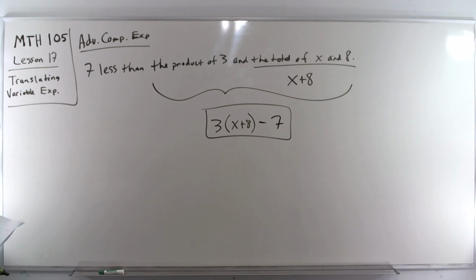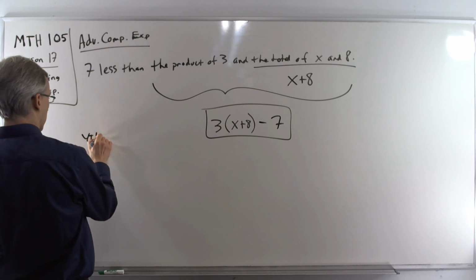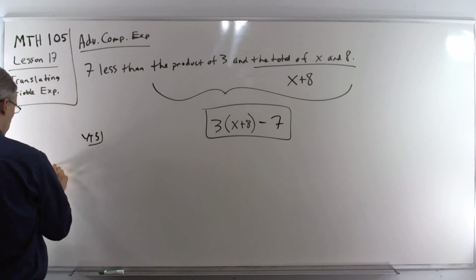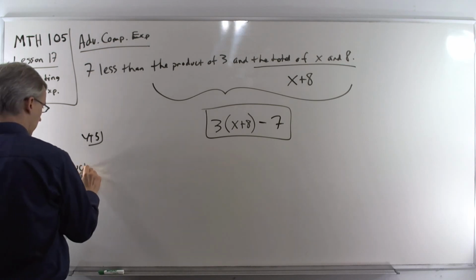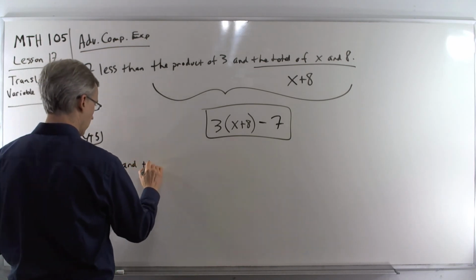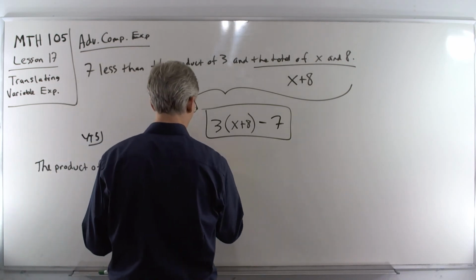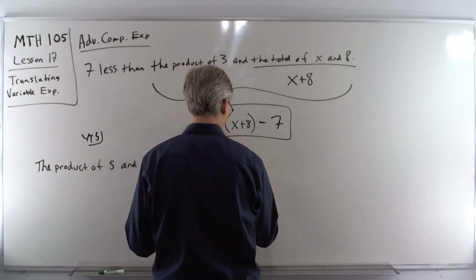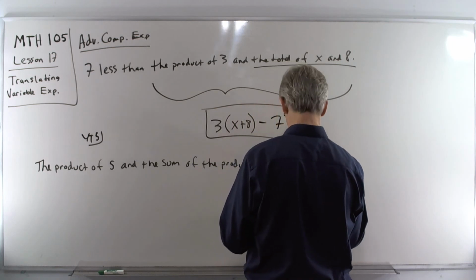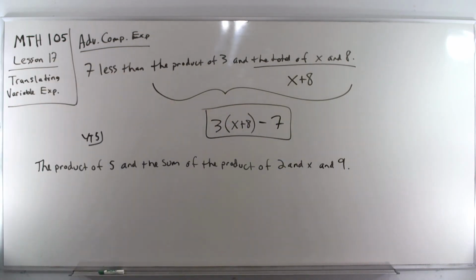Your turn. The product of 5 and the sum of the product of 2 and x and 9. All right, start by underlining the simple expression.